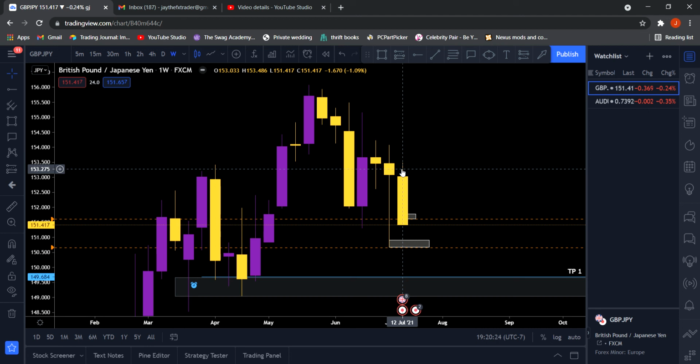Hopefully I can pass it next week. I was close to passing it this week, but before I started posting on YouTube again, I had already purchased the challenge, and I was in the negative a little bit from some trades that I took because I was being impatient. So hopefully next week we pass it.